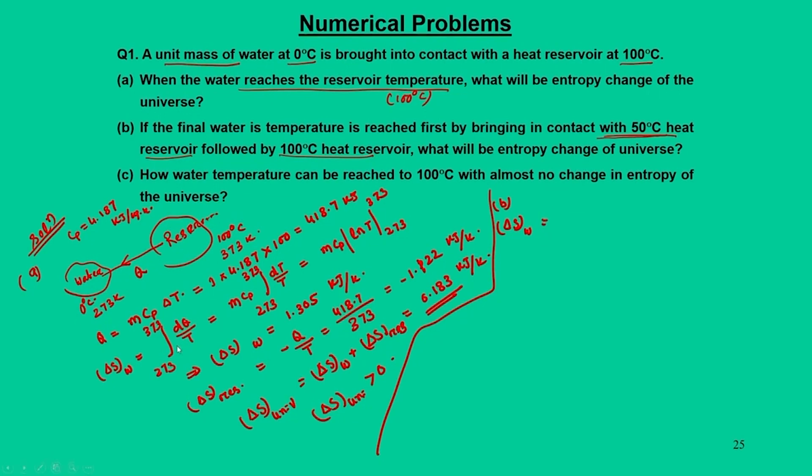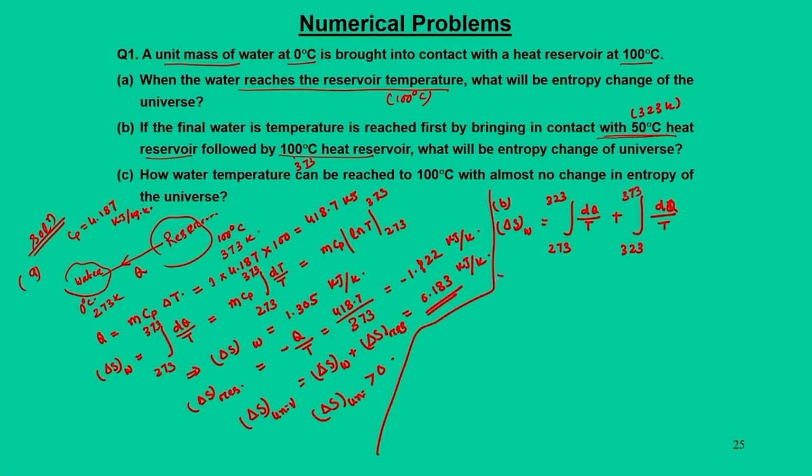We can write this integration as the integral of dq by T from 273 to 50 degree centigrade, that is 323 Kelvin, plus the integral of dq by T from 323 to 100 degree centigrade, that is 373.